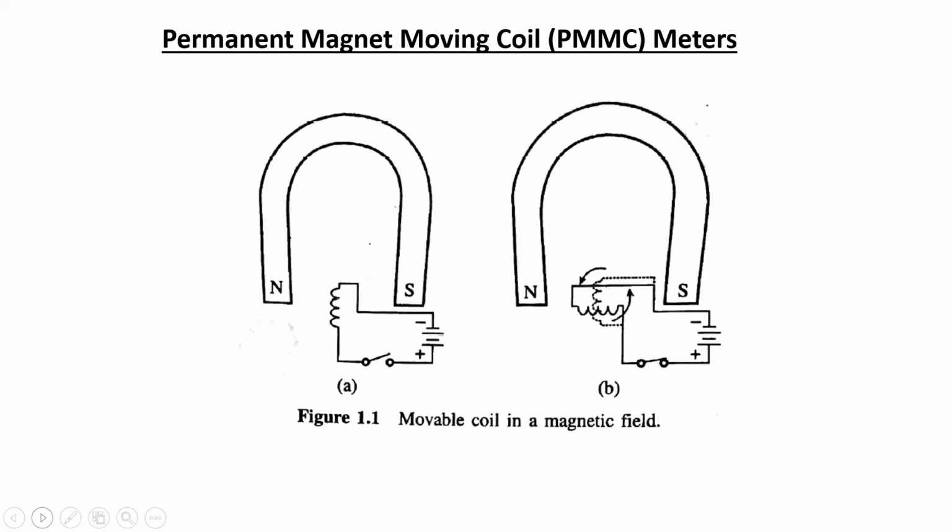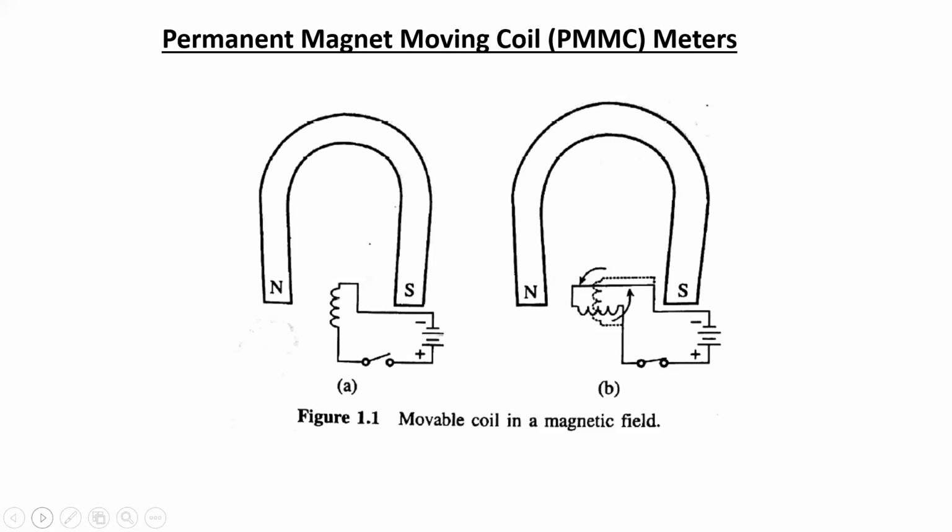So first of all, I'm going to discuss permanent magnet moving coil meters, or the permanent magnet moving coil mechanism, which is used for the moving mechanism of the pointer. As the name suggests, permanent magnet moving coil.